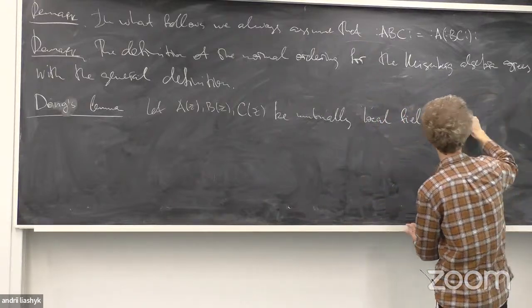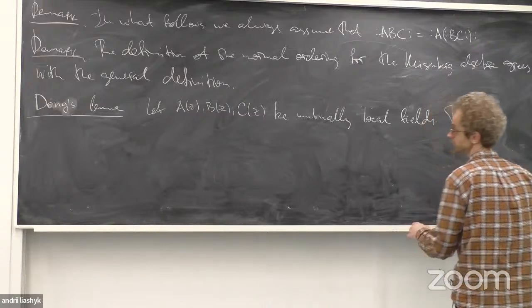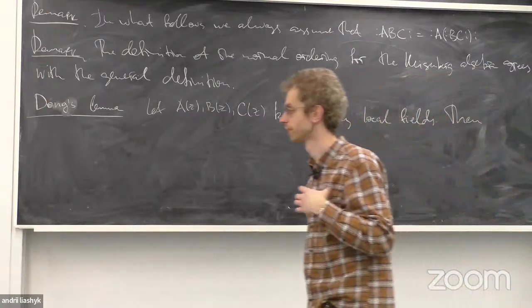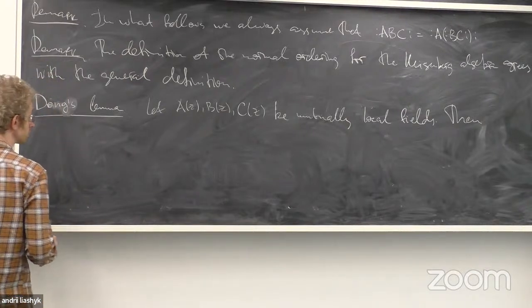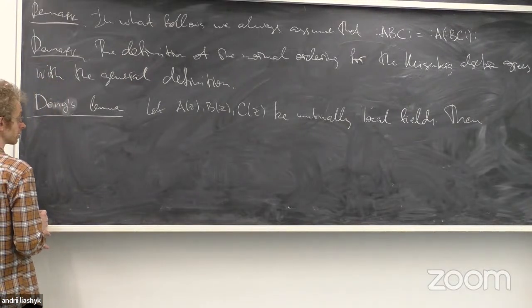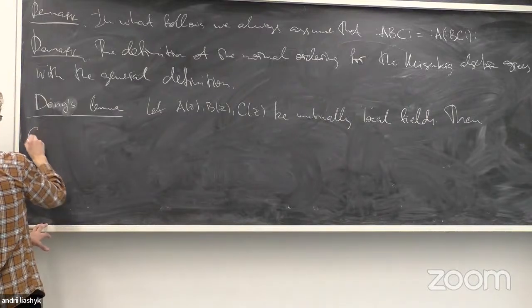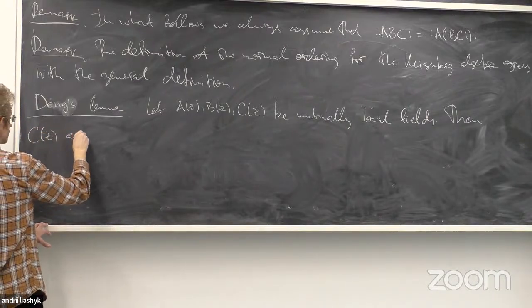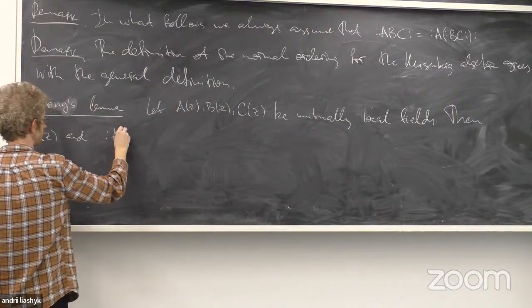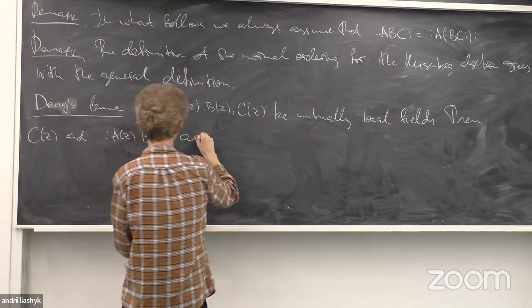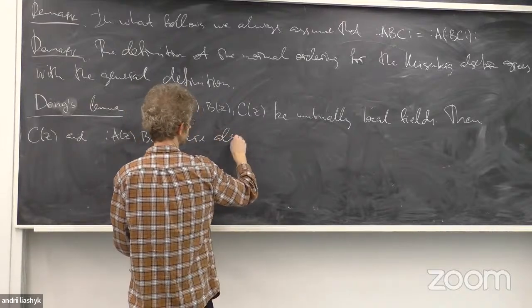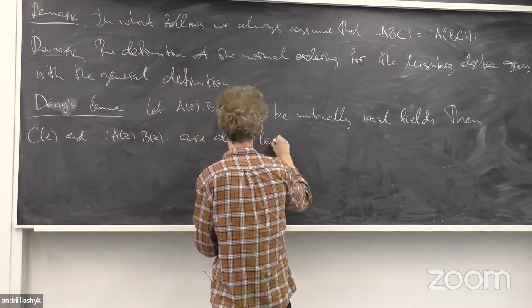Then C of Z, and A of Z, B of Z are also local.